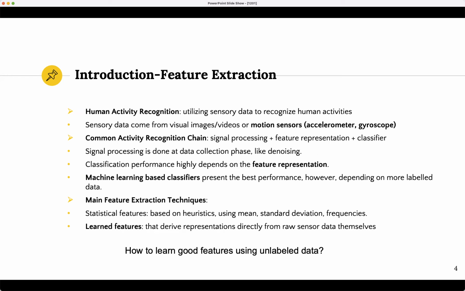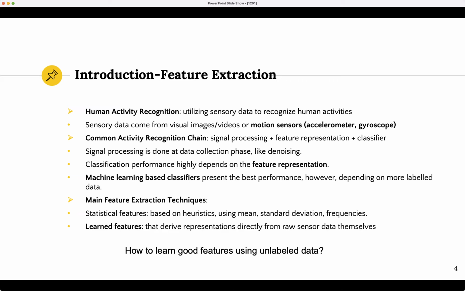A common activity recognition chain adopted by lots of papers can be decomposed into signal processing, feature representation, and the classifier. The signal processing is almost done at the data collection phase, like denoising.